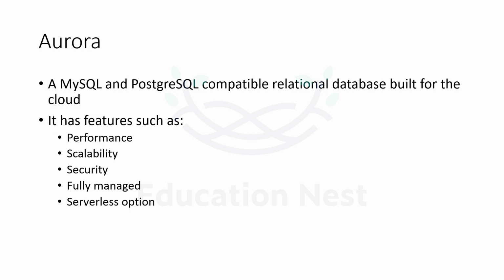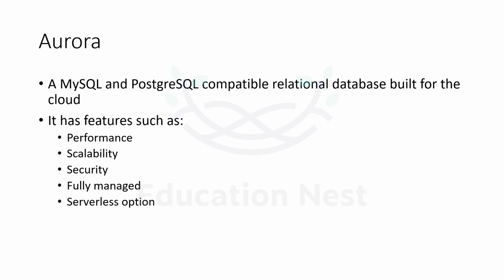It is up to 5 times faster than MySQL and up to 3 times faster than Postgres. What I mean by faster is that it can deliver up to 5 times the throughput of MySQL and 3 times the throughput of PostgreSQL without requiring changes to most of your application. That's why Aurora is widely used.